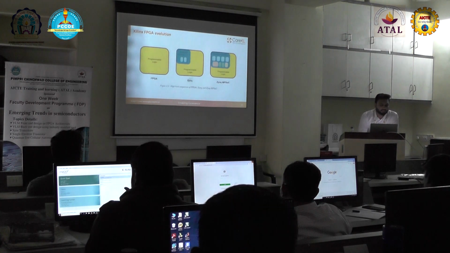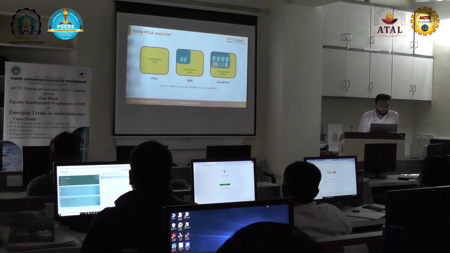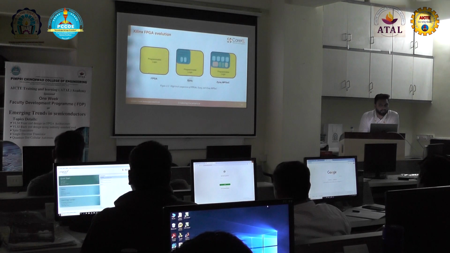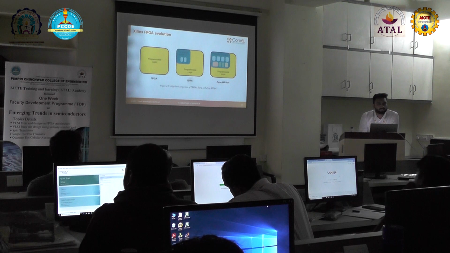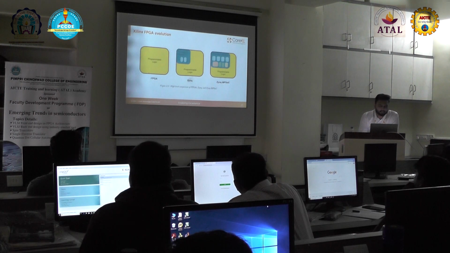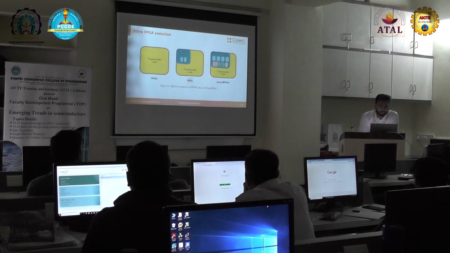So this is about the Xilinx FPGA evolution. Firstly, they invented the Artix, which had only the PL part, programmable logic. After that, they invented the processing system in the Zynq, which has the PL part as well as the PS part.